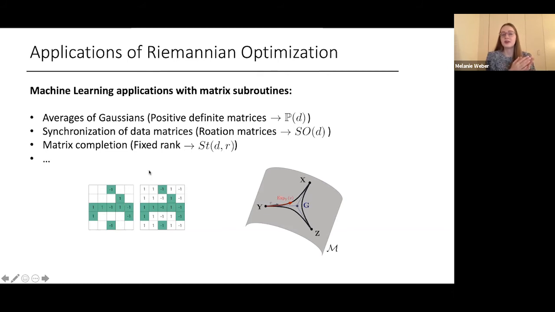Or if you have noisy measurements that are encoded in data matrices, and you want to synchronize them to denoise them, what you're computing is a rotation matrix, and therefore the problem can also be considered on the manifold corresponding to the special orthogonal group. Or for instance, if you have a matrix completion task, you have a fixed rank constraint, so you could translate the problem onto the Stiefel manifold.